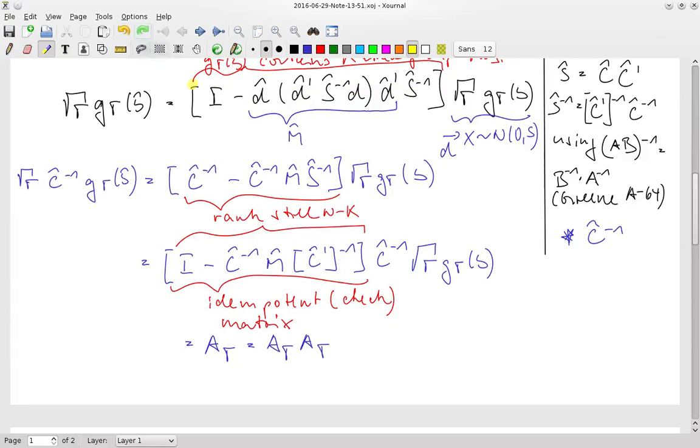Now, take a look at the second term of this expression, this one.